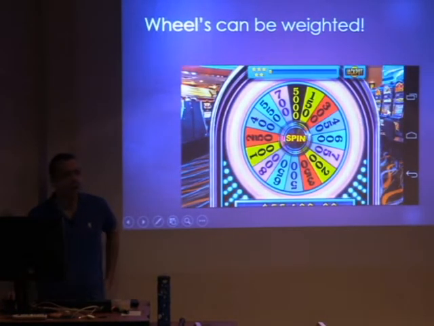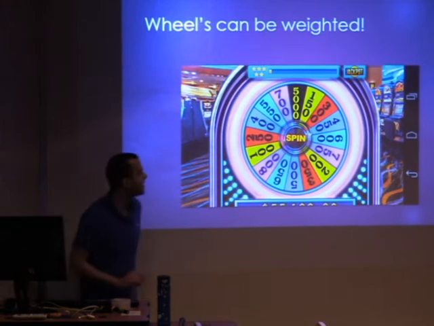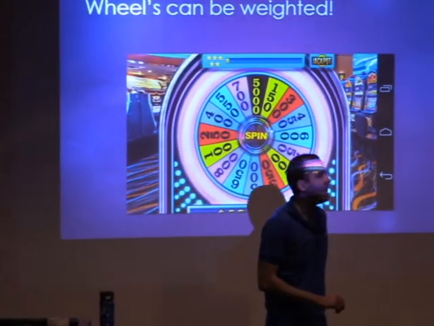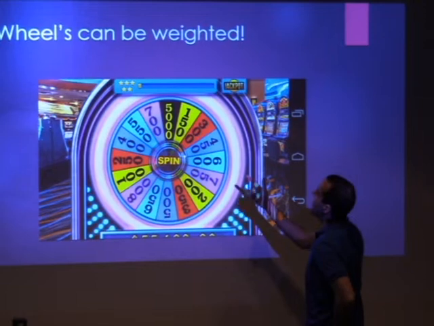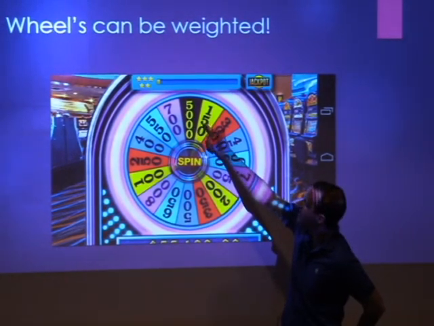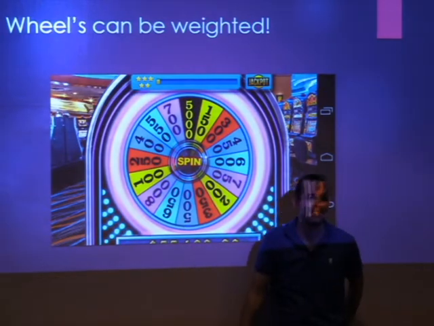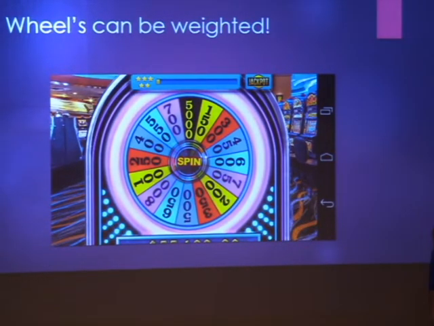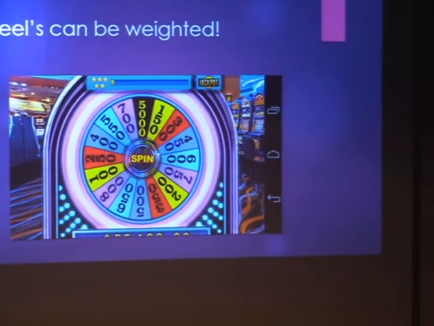So another thing that happens all the time is wheels that are weighted. This is a screenshot taken from a Wheel of Fortune game. And you see, oh my goodness, look, I've got the same chance of getting 5,000 credits as I do 100 credits. Well, I hate to break it to you, but you don't.